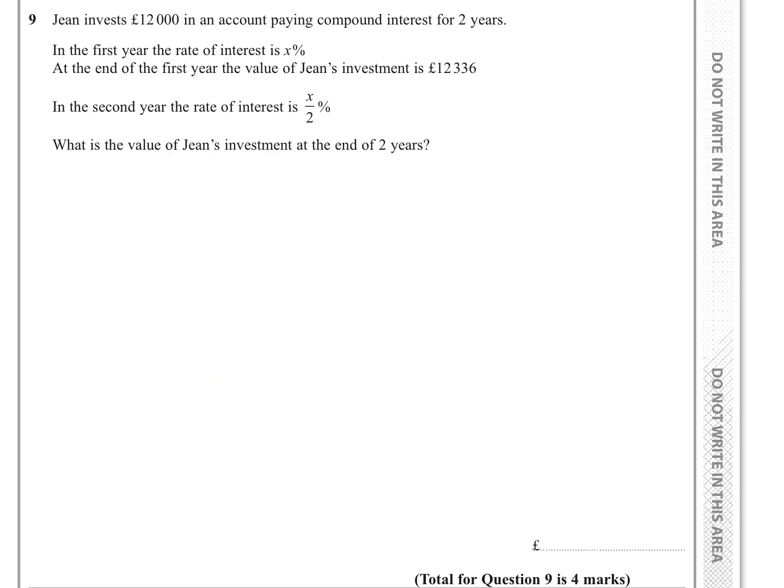Question 9. I don't think this is particularly easy, but Jean invests £12,000 in an account, paying compound interest for 2 years. In the first year, the rate of interest is x%.